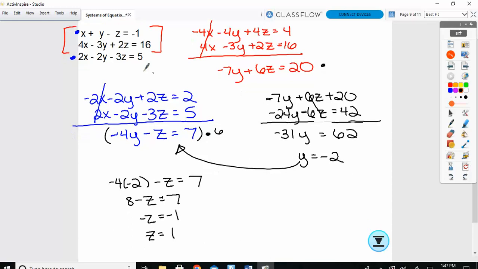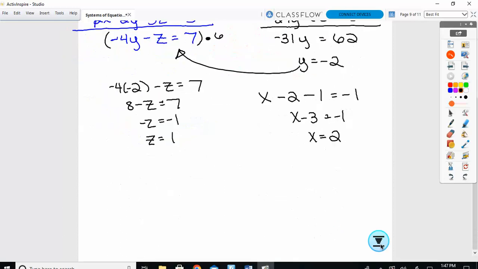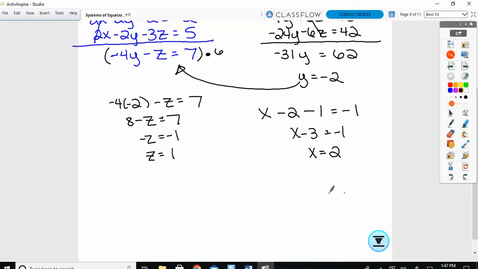So now I have y and z. We have to go back to one of the originals and get x. So if I just go with the first one, so it would be x plus y, so -2, minus z, so -1, equals -1. So we get x to be 2. When we write this, we have 3 numbers, just go alphabetical order, so x, y, z. So 2, -2, 1.